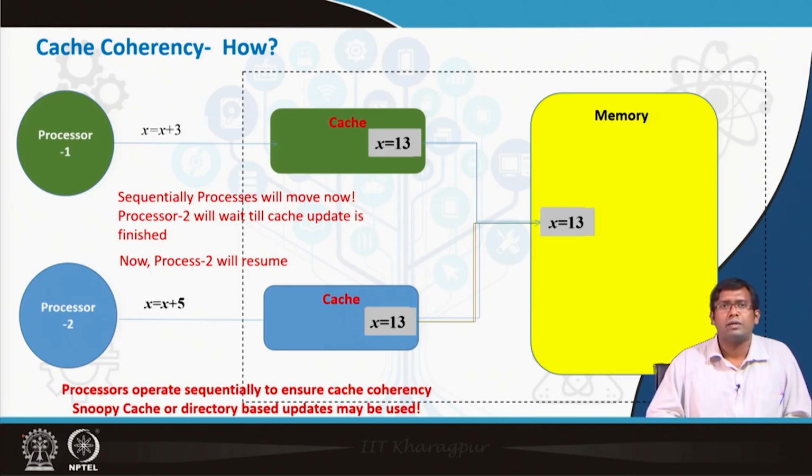So, they have to follow some Snoopy cache or some of the protocols, some sequentiality, because they are sharing the same cache line. One modifies something on the cache line, the others have to wait till that operation is finished and reflected. It is called false sharing. Though the processors are not actually sharing any value, they are sharing a cache line, and one is modifying the cache line, the other has to wait for cache coherency. It also adds to overhead.